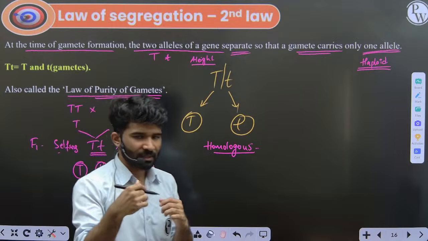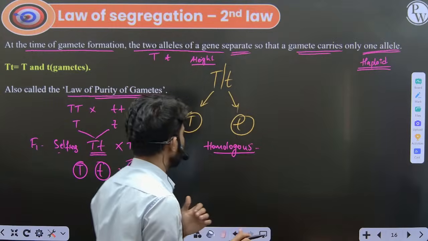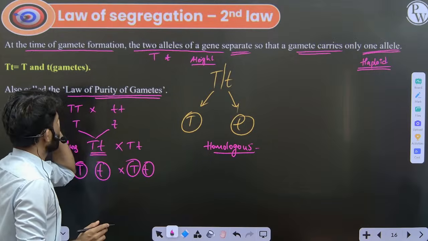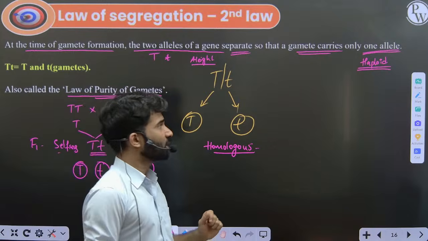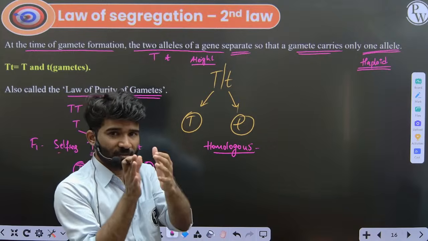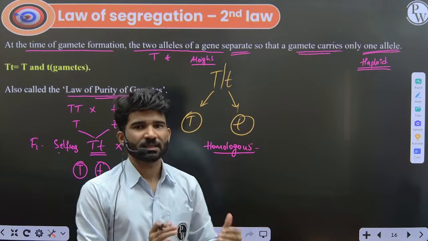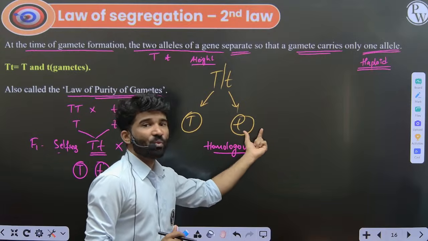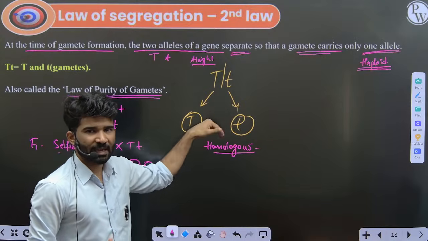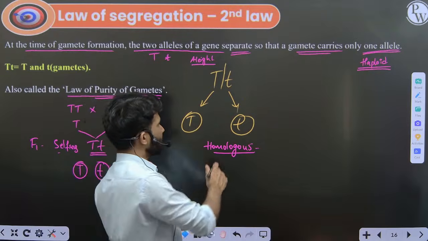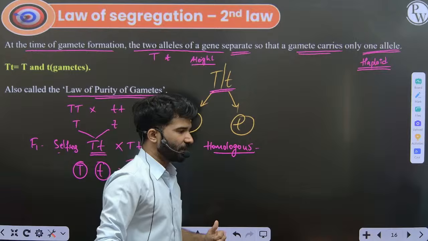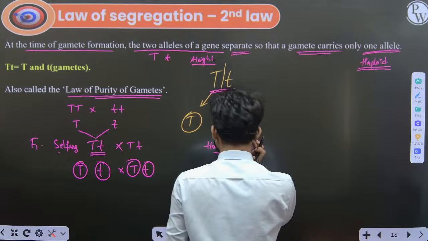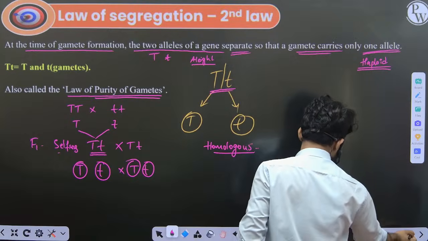The gametes are pure: during gamete formation, the two alleles of a character separate, and in the gamete they carry only one allele. The pair of alleles is carried in the diploid cell or diploid organism. So this is the law of segregation.